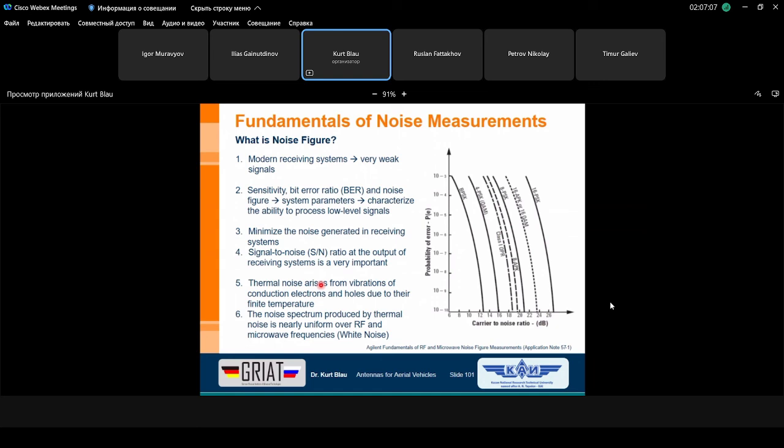You know this, I hope so. This causes noise by the environment temperature, and the noise spectrum produced by thermal noise is nearly uniform over RF and microwave frequencies. We call this white noise.